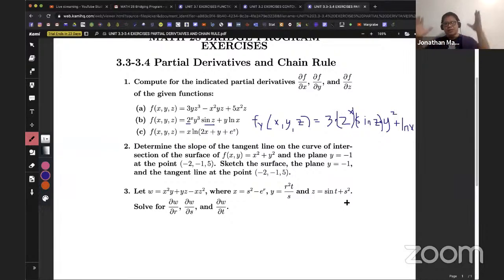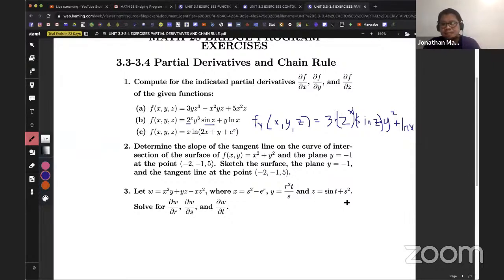That is a paraboloid opening upward. Now, you have a plane y equals -1. So that plane is actually parallel to the xz axis, where the given value of y is -1.